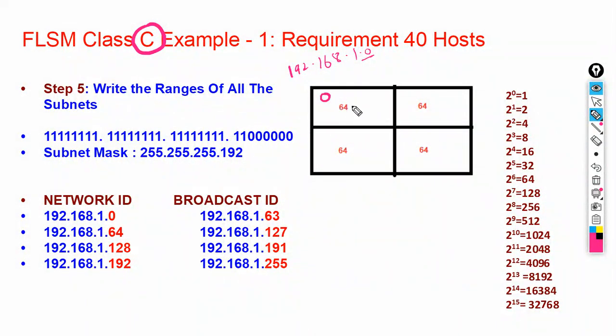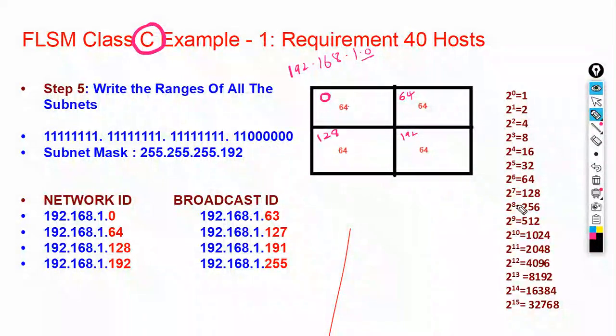Then we will calculate the network ID of the second subnet. 64 plus 0 is how much, guys? 64. This is the network ID of the second subnet. 64 plus 64 is how much? 128, the network ID of the third subnet. 64 plus 128, it is 192.